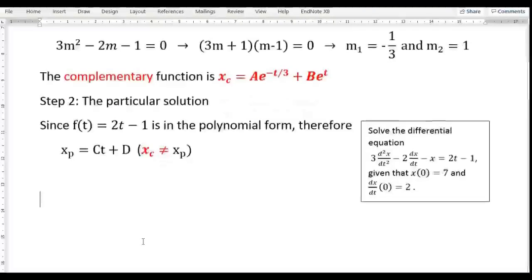Next step is we need to find the differentiation of this particular solution. So we differentiate this with respect to t, and we get xp prime, which will give us c.